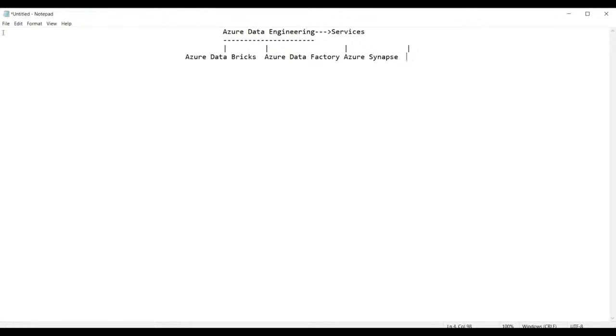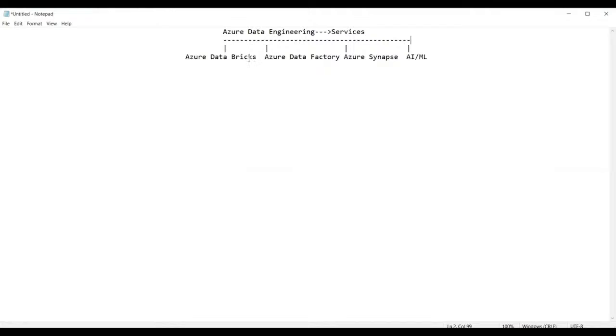We also have Azure Artificial Intelligence, or AI, which we can also refer to as ML, that is, machine learning. These are all the services packed into Azure Data Engineering, that means end-to-end solutions for the data. Data engineering means end-to-end solutions for the data.